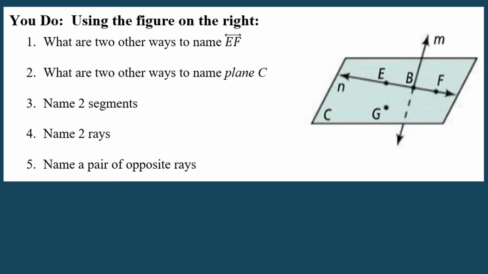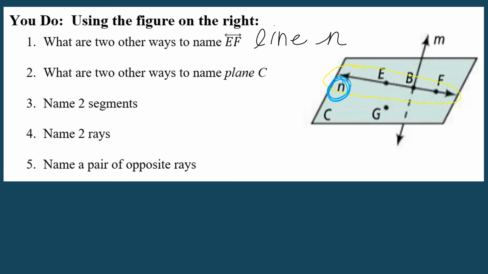There are 2 other ways to name this line EF. EF happens to be this guy here, okay? And we can call it line n, and it has to be lowercase because this is the name of that line.